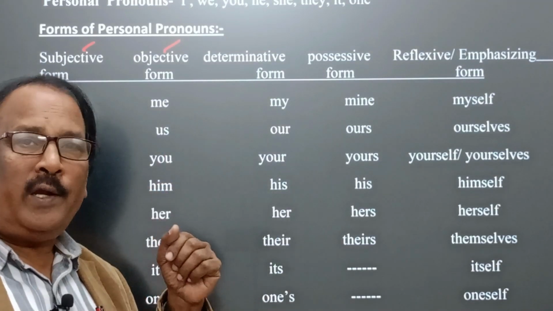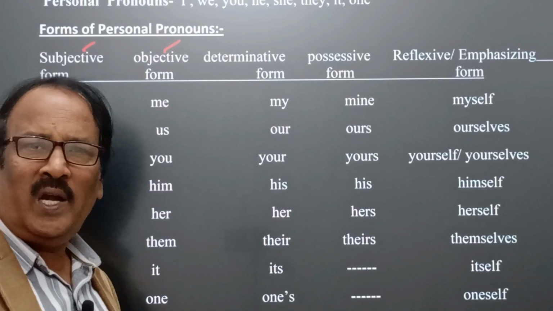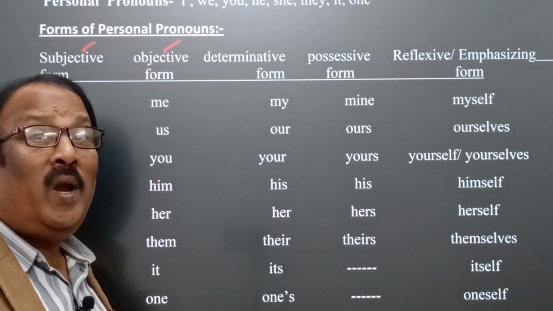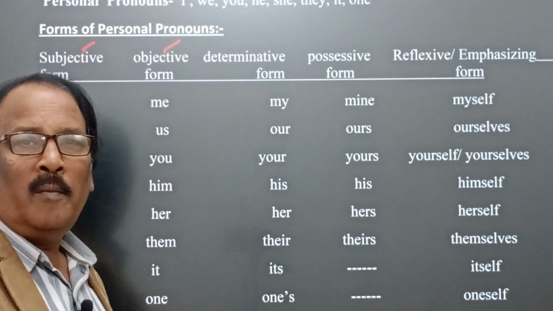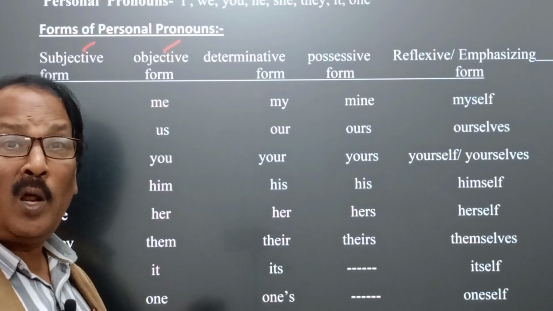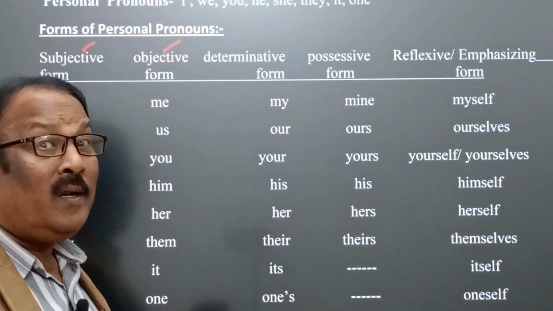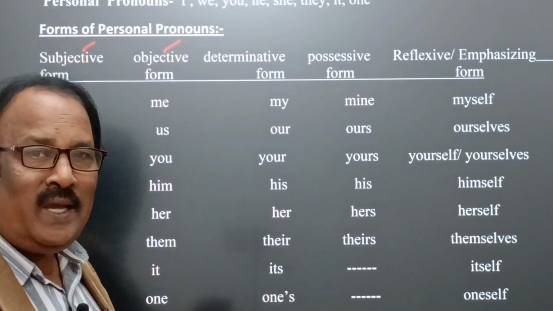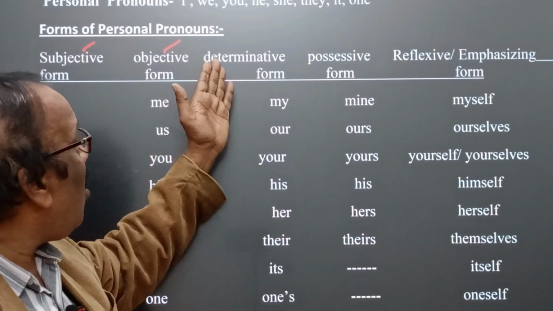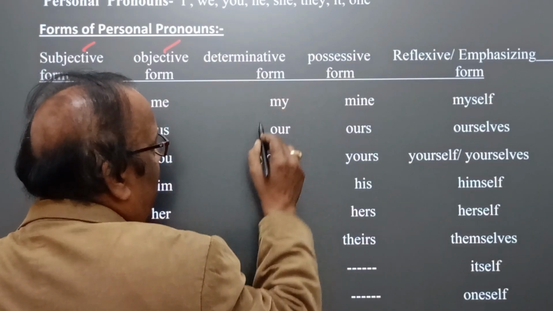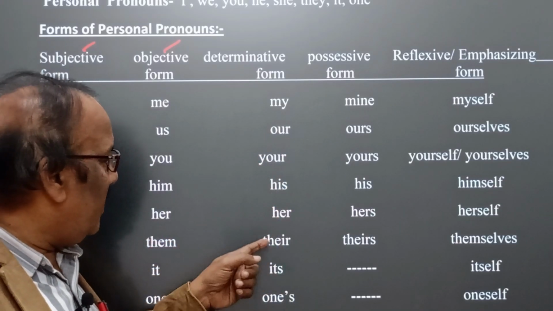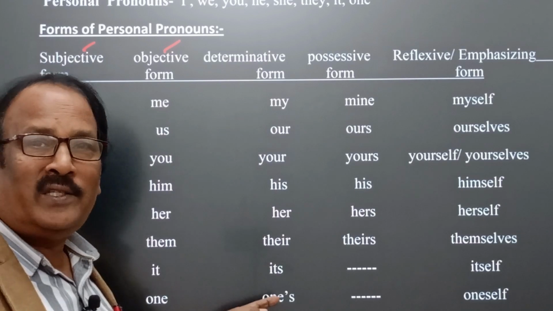These are the examples of objective form of personal pronoun. I know the secret. Here I is the nominative form of personal pronoun. My friend met me on the way to my school. Me is the objective form of a personal pronoun. My friend, subject, met whom? Me, and therefore me is the object. And now determinative form: my, our, your, his, her, their, its, one's.